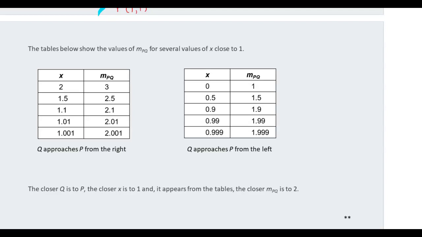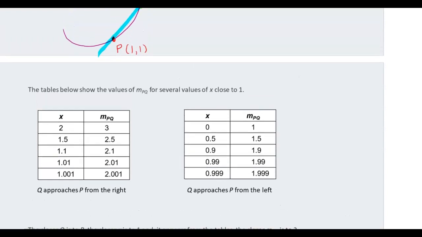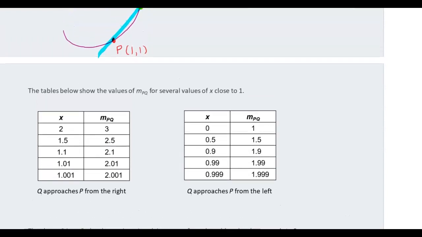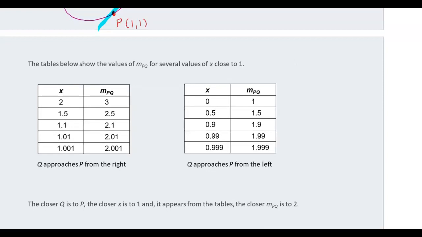What I'm doing is I'm trying to close in on the point 1, and I'm coming from the left side and from the right side. So on the number line, I'm closing in on x equals 1. And so this table on the left started at x equals 2, and then chose points that are closer and closer and closer to 1, right?